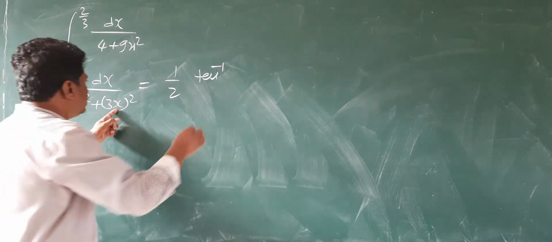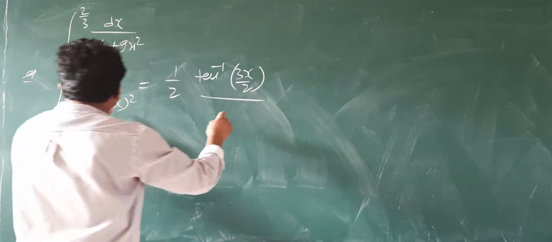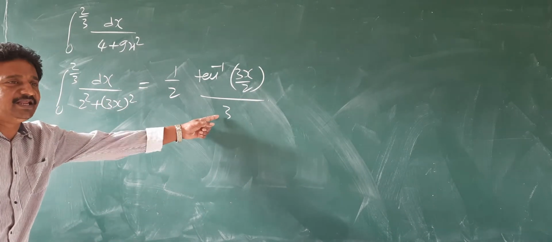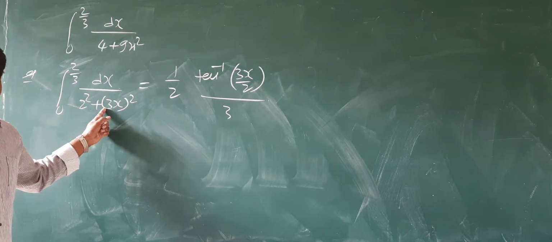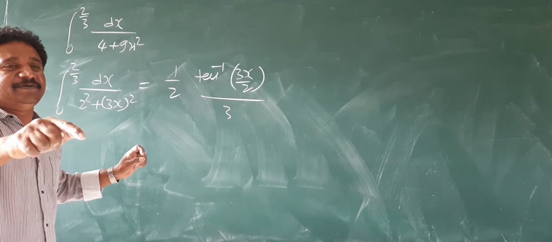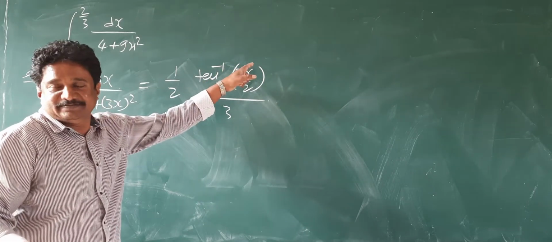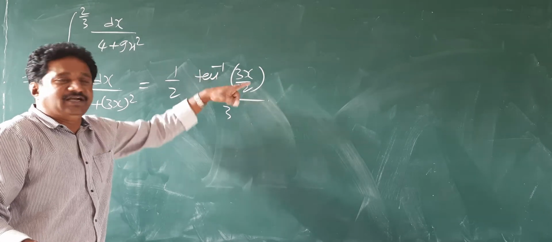How much is x? 3x by 2. So by 3. Tell me students, which is this by 3? X coefficient. While choosing x coefficient, you must be careful. Some students make a mistake. They choose the x coefficient from the answer, the term we got after integration.